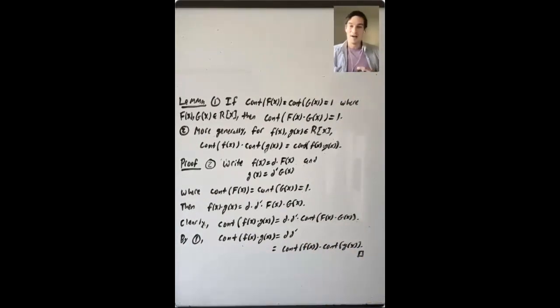Okay, so I wanted to talk about content because very often, if you go to sources other than Dummit and Foote and you read about the proof that when R is a UFD, R bracket x is also a UFD, you'll see this result about content being multiplicative and Gauss's lemma together used to prove the main theorem.